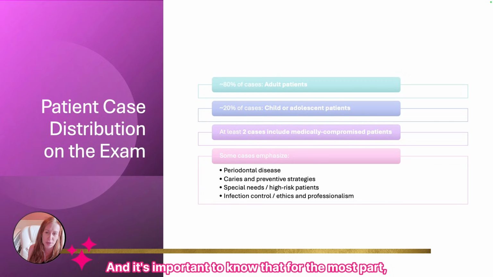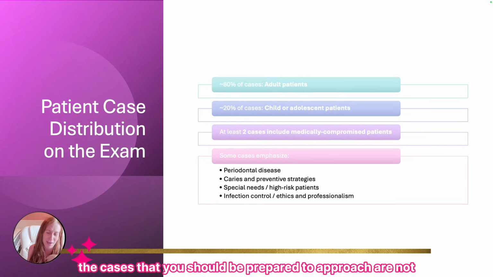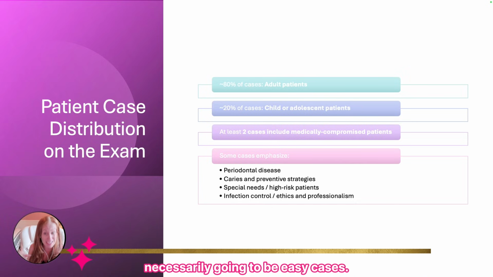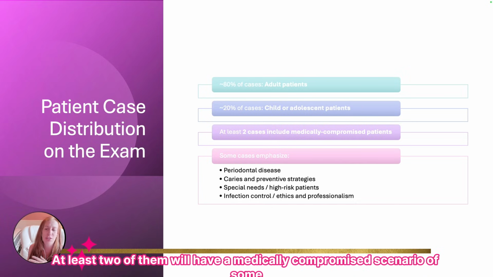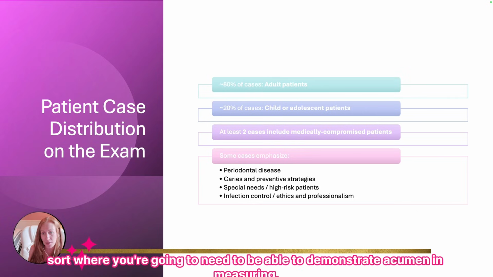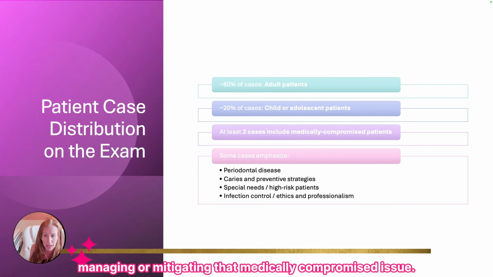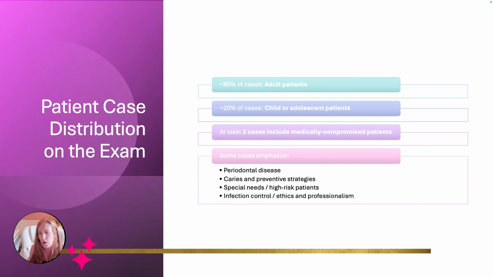For the most part, the cases that you should be prepared to approach are not necessarily going to be easy cases. At least 2 of them will have a medically compromised scenario of some sort where you're going to need to be able to demonstrate acumen in measuring, managing, or mitigating that medically compromised issue.